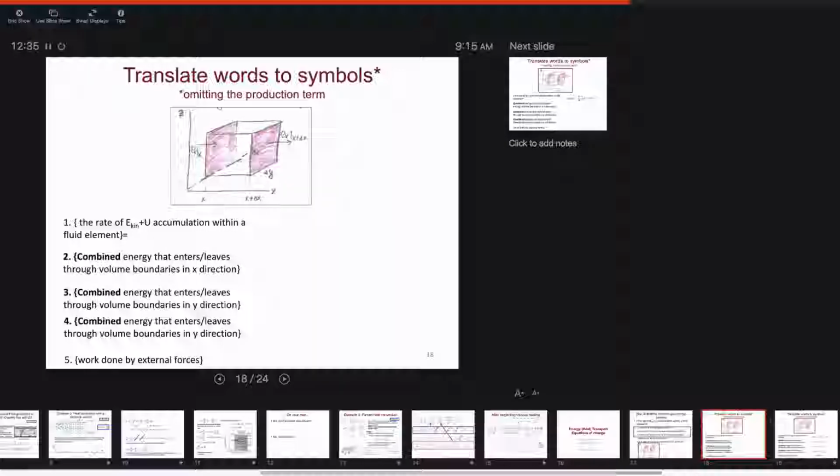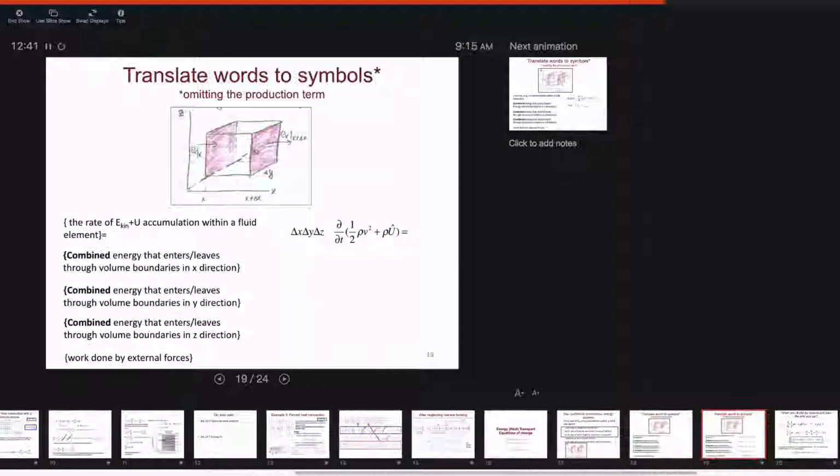Are we ready? So this is a self-test, so you self-grade. So first term, it's the rate, therefore I have d dt. This is the energy density term, and since it's a density term, I gotta multiply with volume of the element to get the actual amount of energy.